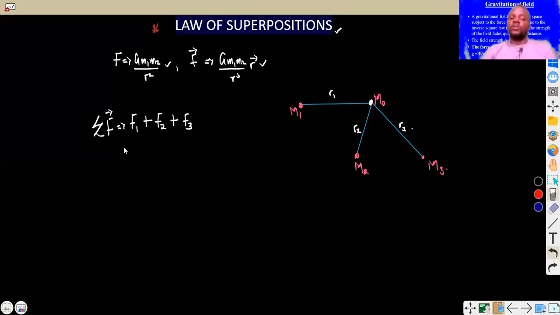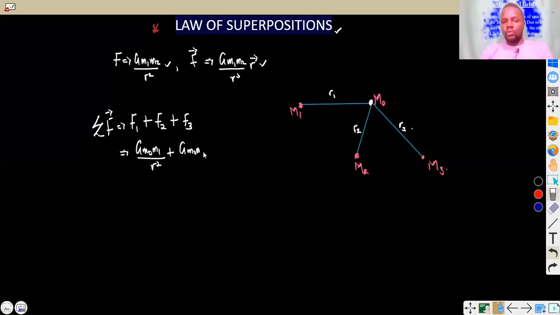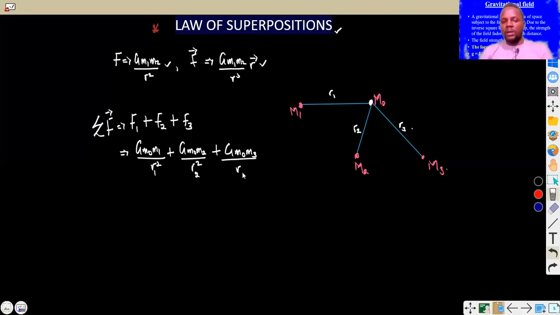So directly we can just write it. F1 is, remember, G m naught m1 divided by r1 squared, plus the second one, G m naught m2 divided by r2 squared, and the last one, the same thing, G m naught m3 divided by r3 squared.